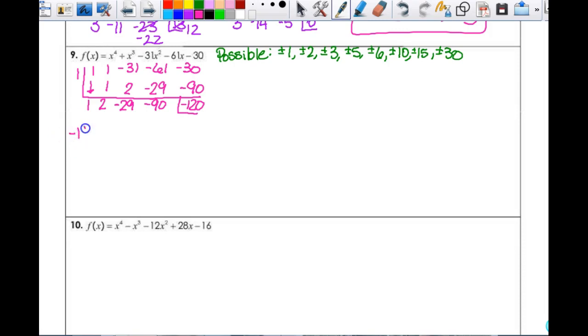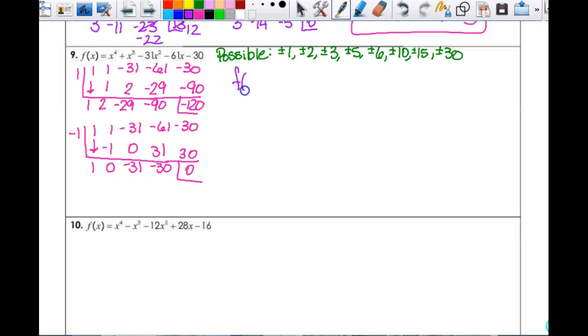Go to -1. What do you think about -1? Does it work? Yes. All right.